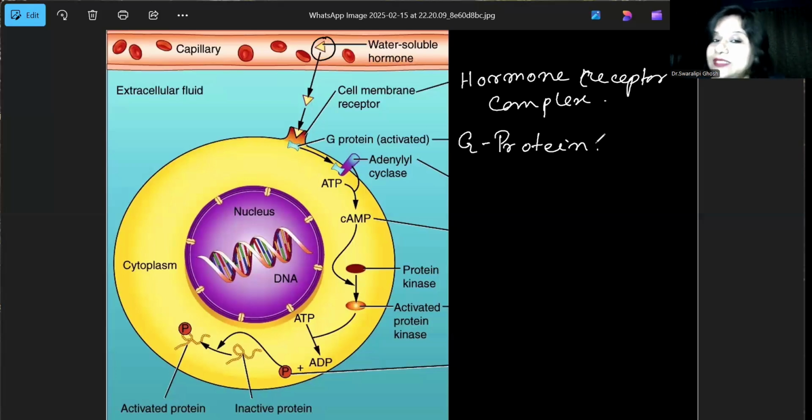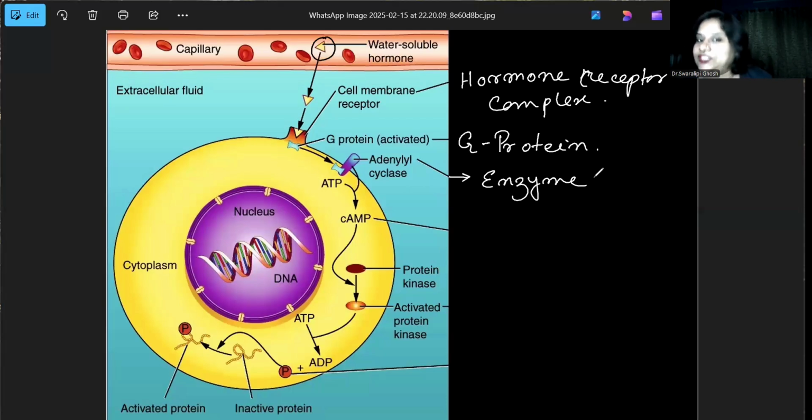Now, what happens next? This activated G protein will activate the adenylyl cyclase. Now, what is this adenylyl cyclase? This is actually an enzyme which is associated with the cell membrane.